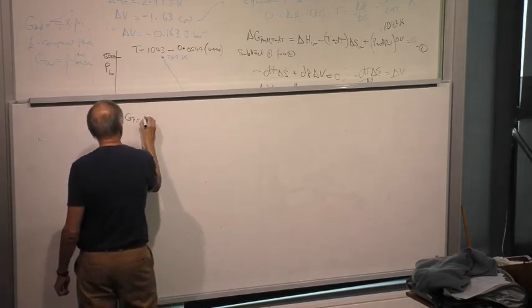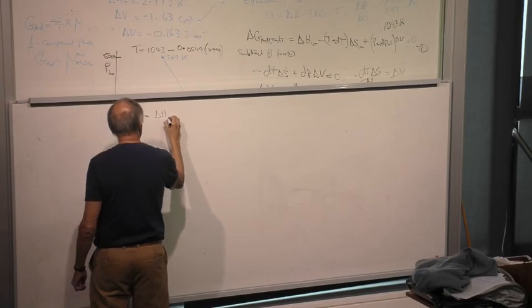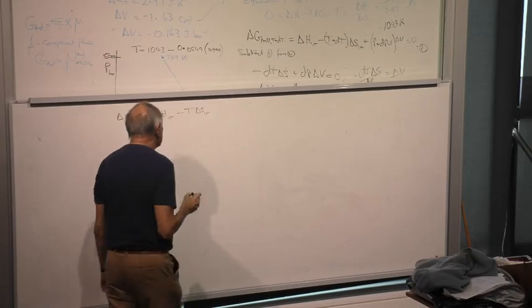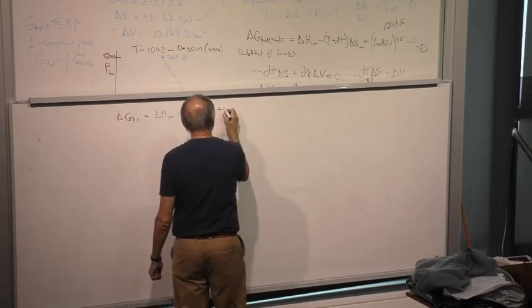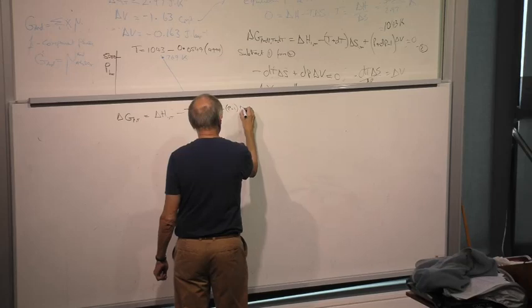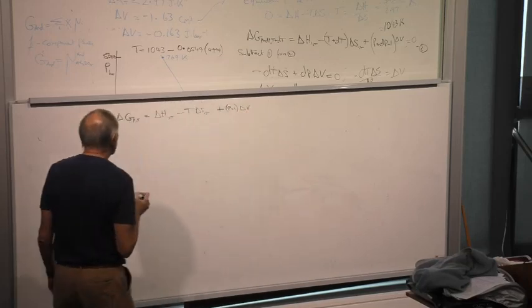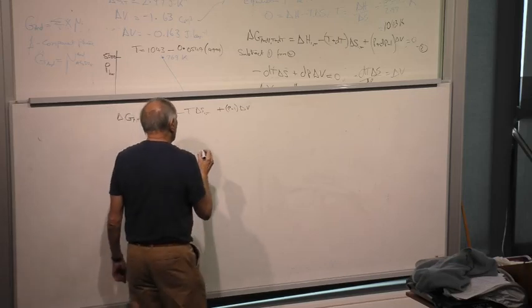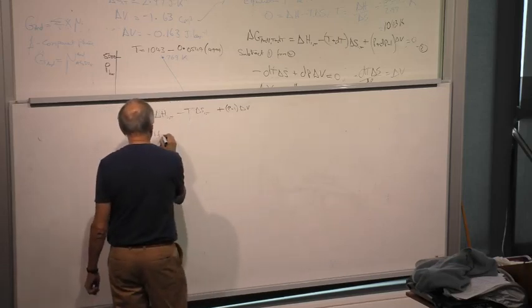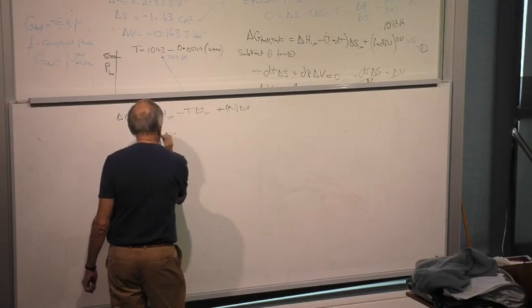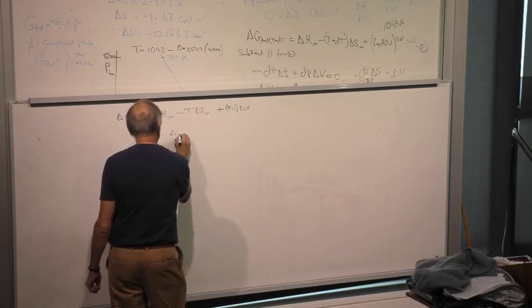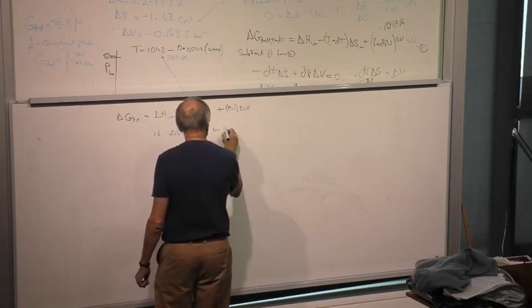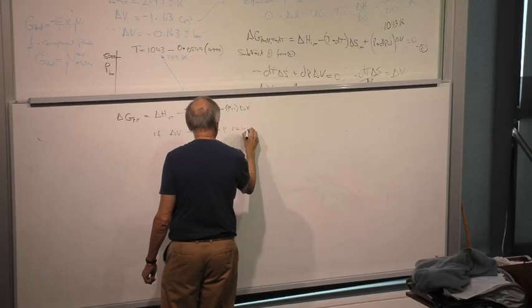So delta G at P and T is equal to delta H minus T delta S at 1 bar and T, plus P minus 1 delta V. So, as we raise pressure, if delta V is negative, increasing pressure makes delta G more negative.